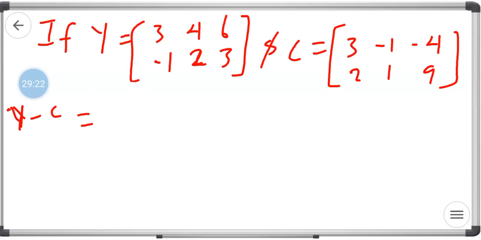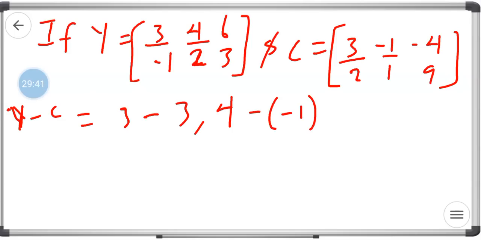I have my 3 here, so 3 minus 3, put my comma here. The next one, 4, we are subtracting, minus (-1), I'll open a bracket and put -1 there. And the last one in that row, 6 minus (-4), I'll put my -4 inside that bracket as well.